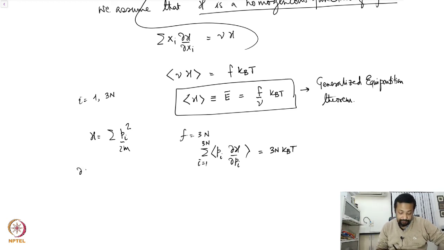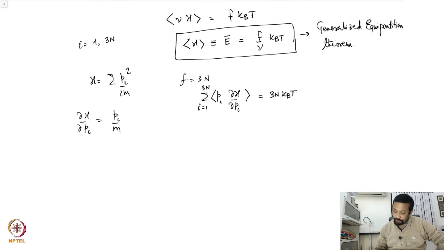But del h del pi is just pi over m. So therefore, this is a sum over i equal to 1 to 3n, and you can easily see that pi times del h del pi is pi squared over m.